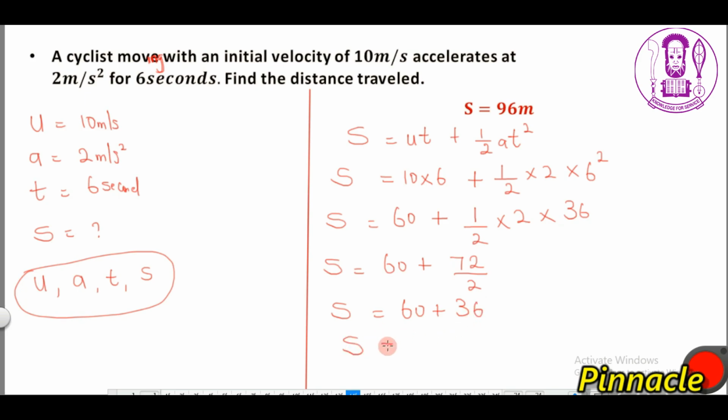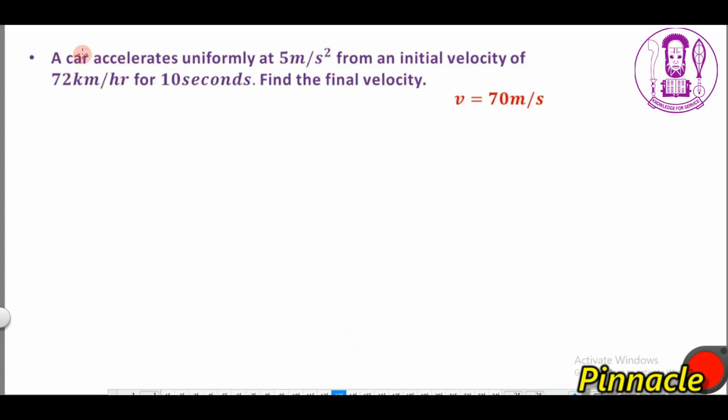So my distance S will be equal to 60 plus 36. 60 plus 36 is 96 meters. This is the answer to this question. So the distance traveled is 96 meters.